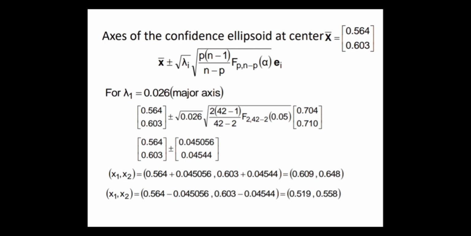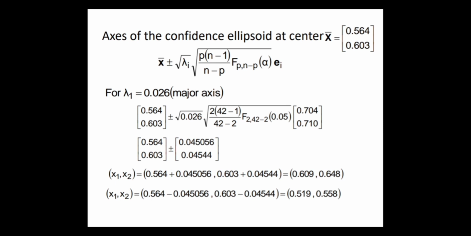Okay, so we want to see how to find the major axis given the eigenvalue is 0.026. Okay, so just replace using the formula here, the square root of the eigenvalue, and this is the corresponding eigenvector. So when you solve here, you will get two coordinates: 0.609 and 0.648.